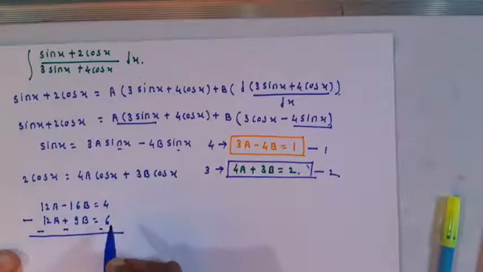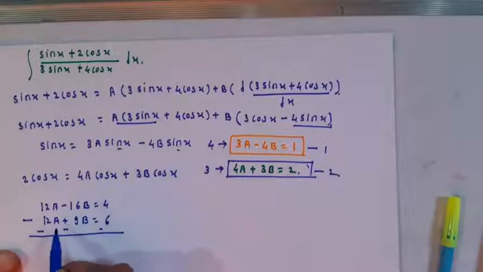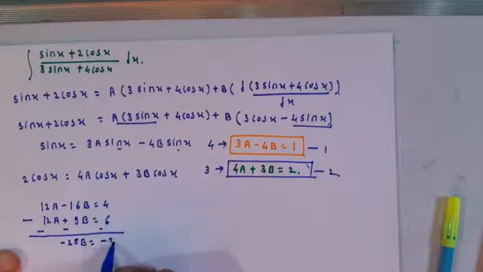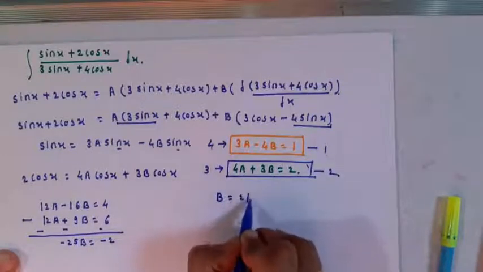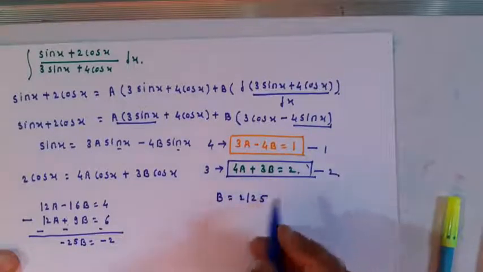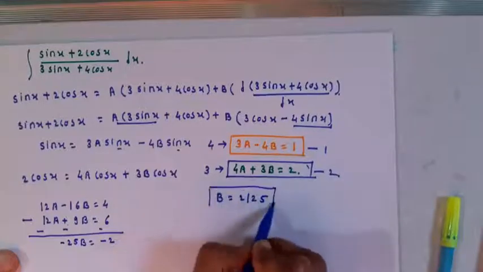And minus 16b minus 9b is minus 25b equal to minus 2, and hence the value of b is 2 upon 25.